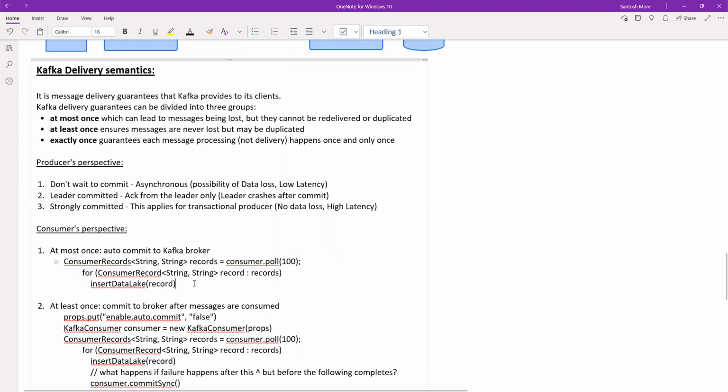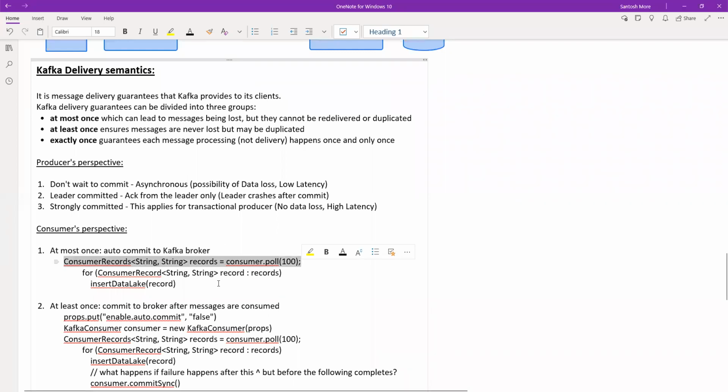But in this case, what happens whenever the consumer dies? It will come back, that is fine. But before that, the consumer has already consumed so many messages from the Kafka broker, and the offset has already moved forward.